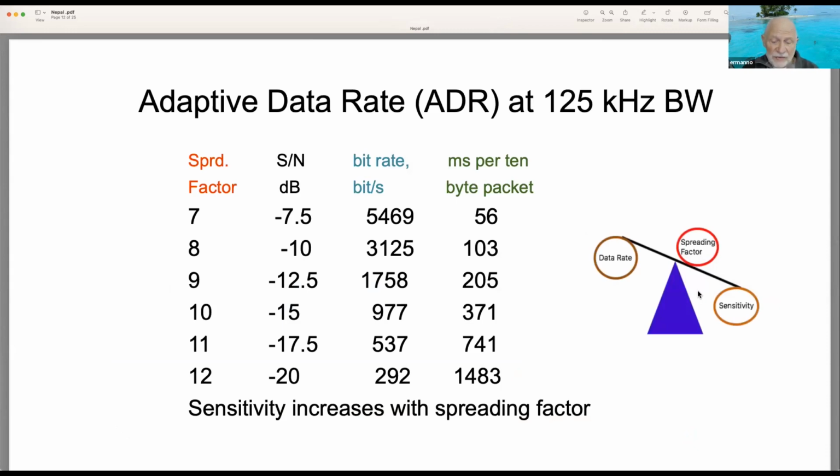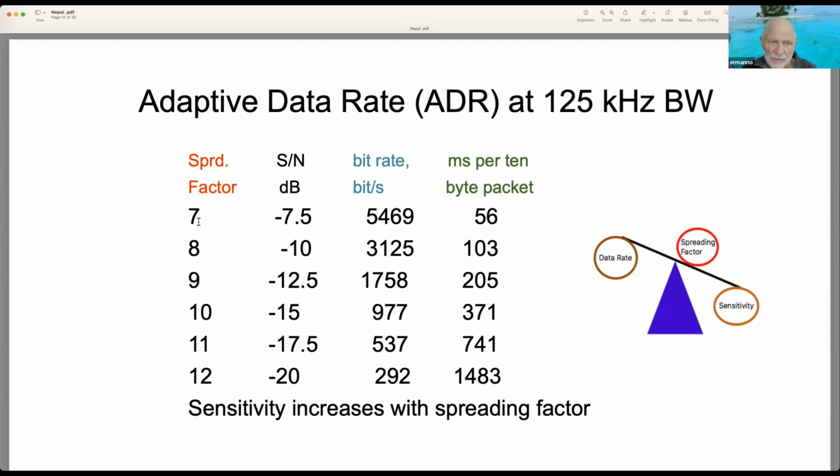A big advantage of LoRa communication is that it can use different spreading factors. The spreading factor is the number by which the bandwidth, or the throughput in this case, of the signal is multiplied in order to spread the spectrum and make it easier to decode.